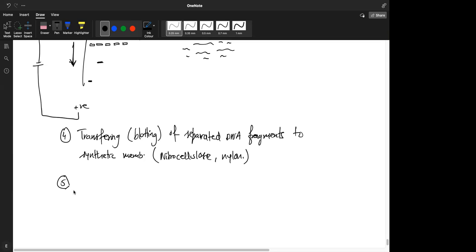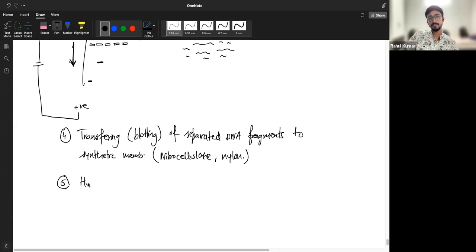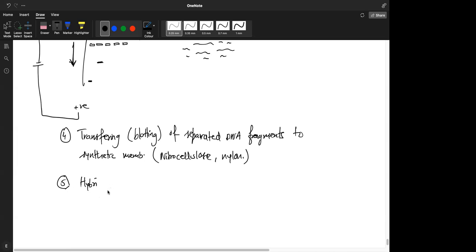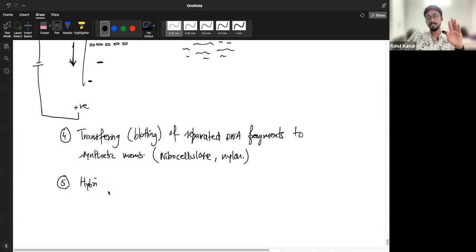Staining, yes. Once we have transferred, now we will do hybridization, because we don't need stain. We already have VNTR probes ready. Remember? So we will just put those probes and see where they bind. That's called hybridization, using labeled VNTR probes, because they are already radio labeled.